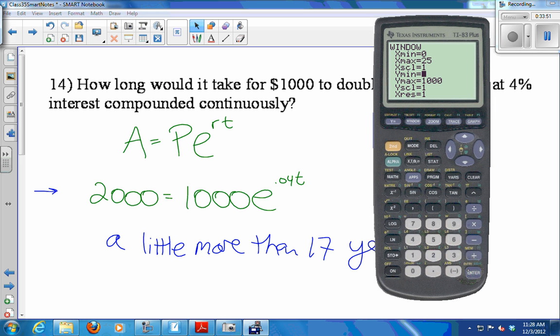And then I know I want them to cross at a y value of 2,000, because y equals 2,000 is just a horizontal line at a height of 2,000. So maybe I'll go like 1,900 to 2,100 for y, just to make sure I can see my horizontal line. And we graph it.